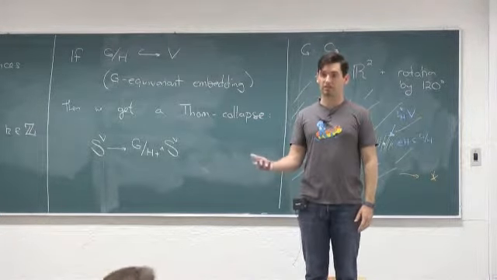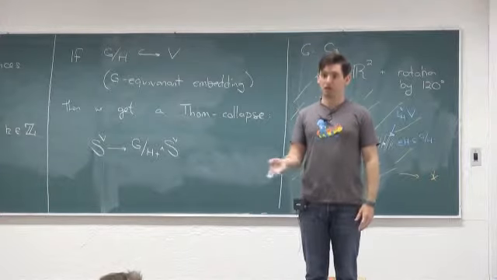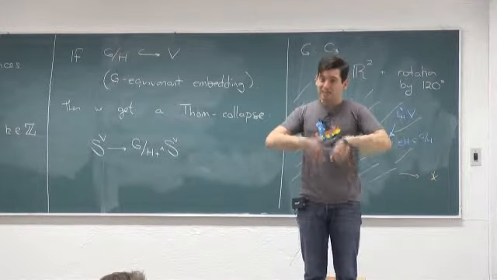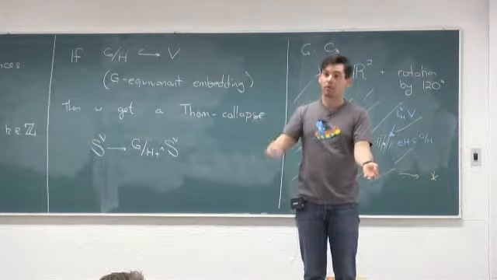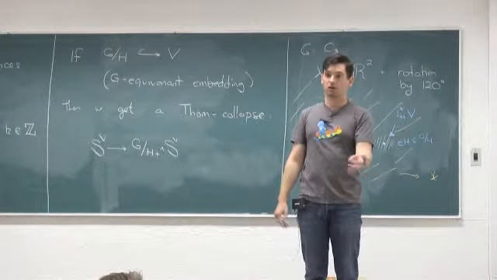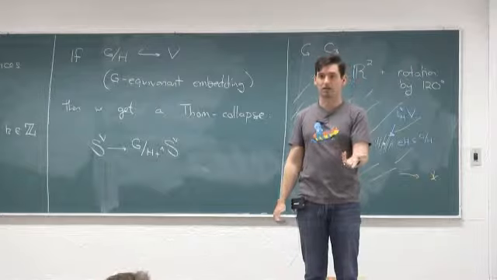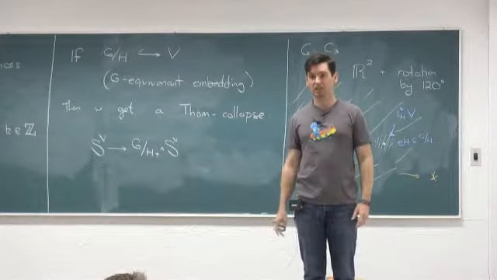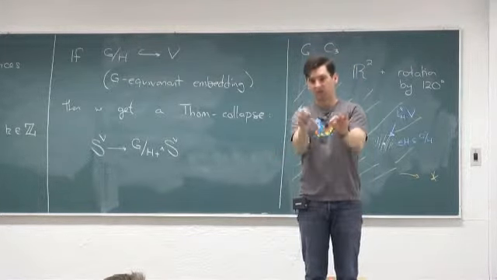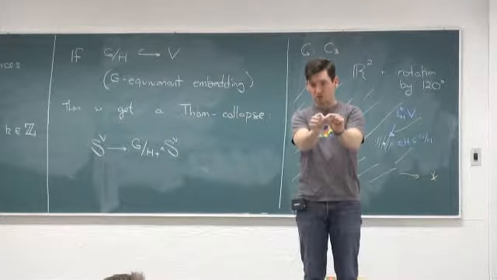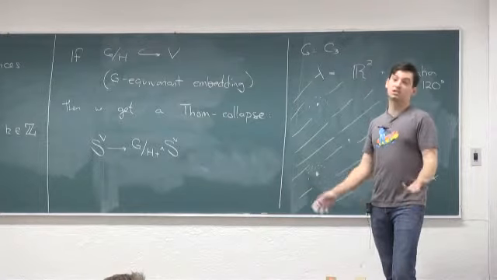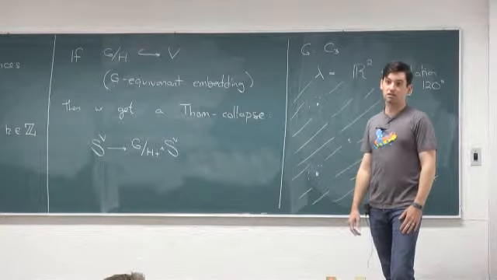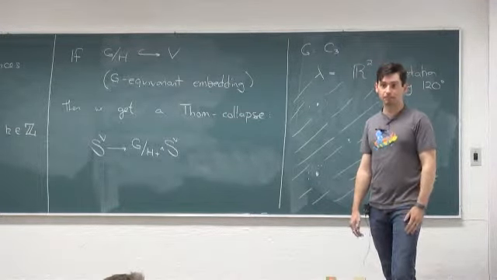Take the example I gave of the integers acting on the real numbers by multiplication by 2. I can embed the integers in that way, but it has an accumulation point at 0. So it doesn't really make sense to talk about the Thom collapse in this case, because I start to worry about what's going to happen as I converge towards 0. But then again, I also couldn't make sense of the representation sphere as a G-CW complex there for exactly the same reason.